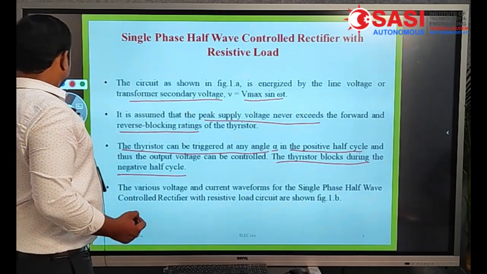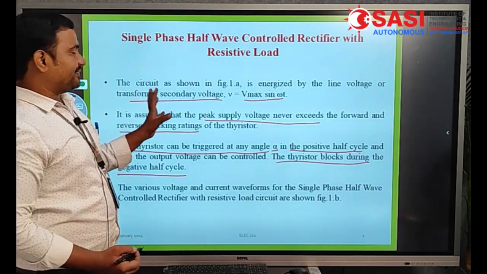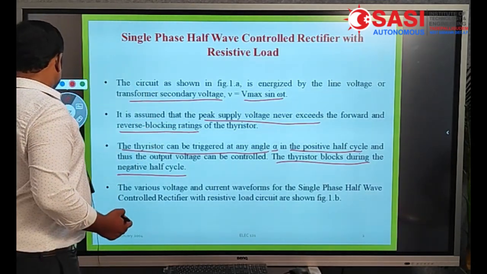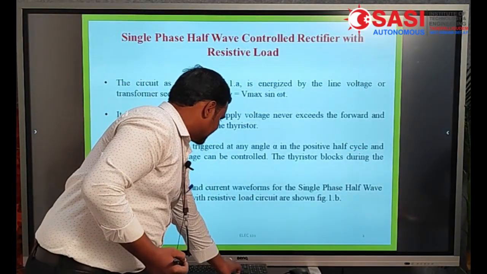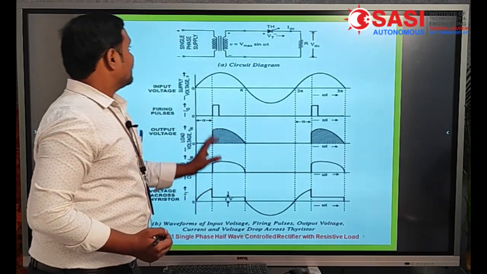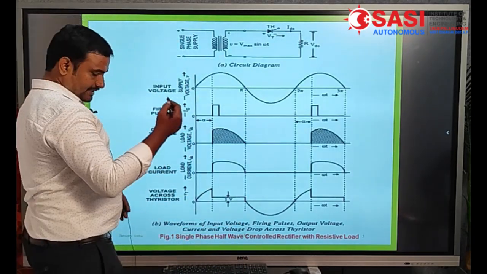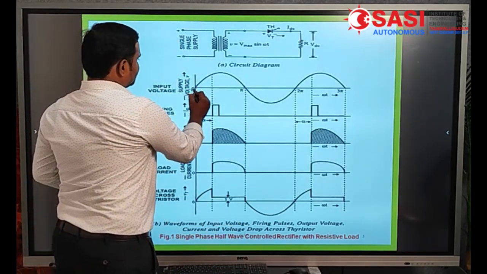For analyzing this single phase half wave rectifier, we have to look at the output waveforms.